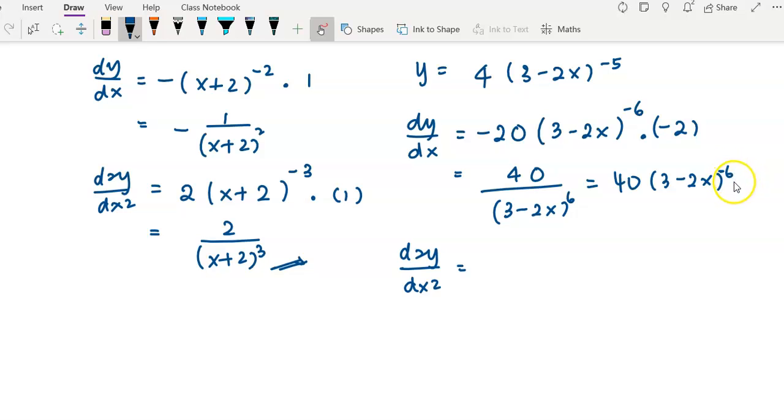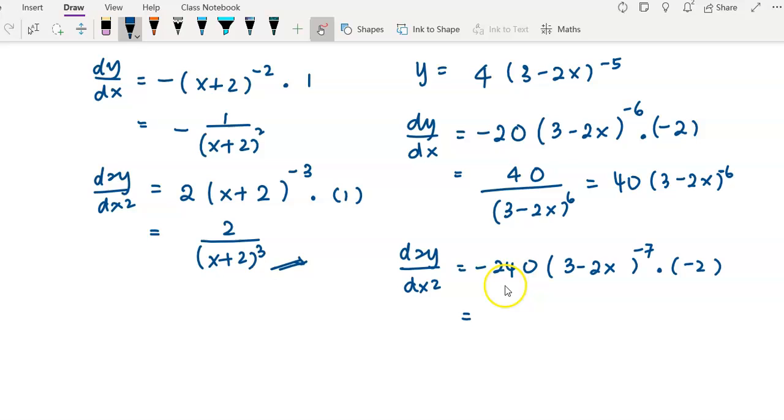So how are you going to differentiate 40 u to the power of negative 6 with respect to u? We bring this negative 6, multiply by 40, you will get negative 240. And then what is inside the bracket is not important at this moment. You just focus on the power, minus 1, you get negative 7. And then the inner function, just copy it down in the bracket. And now multiply by the derivative of the inner function. You differentiate 3 minus 2x, you get negative 2.